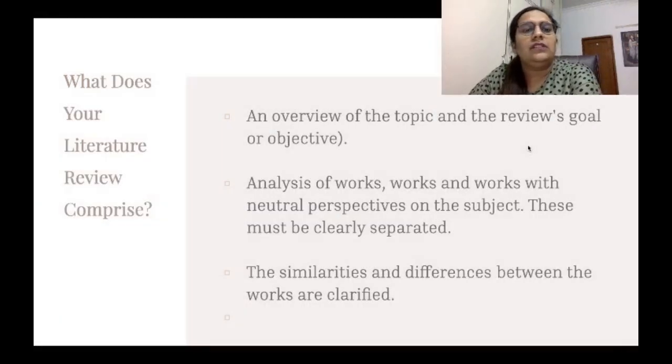So what is your literature review comprised of? Your literature review is basically your overview of the topic and your review goal or objective. What exactly is your answer, and what exactly is your overview of your analogy or your analysis of the work?